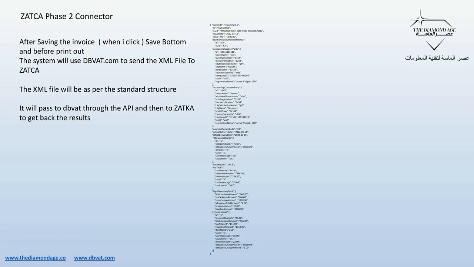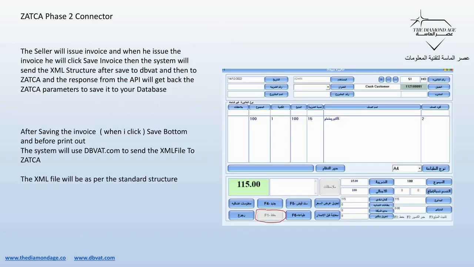This XML file should be generated from your e-POS system in a standard structure, and this structure is already explained in the API documentation, because any invoice will have the customer information, the seller who sells the products or material, and the lines or products. At the same time, it will have the amounts, or let's say the financials for the invoice, and the VAT information.